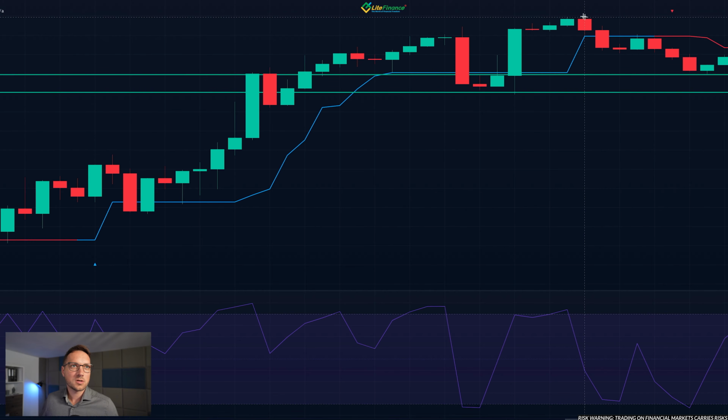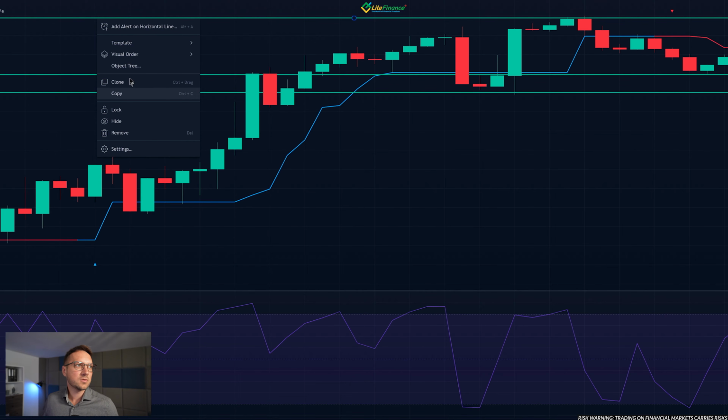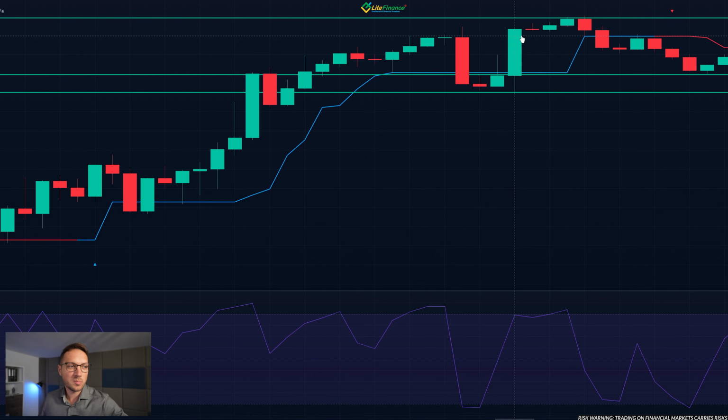So let's mark this level maybe with a different color. Okay, so as you can see, the risk-reward ratio in this particular example is very good. Maybe let's mark it with a long position.